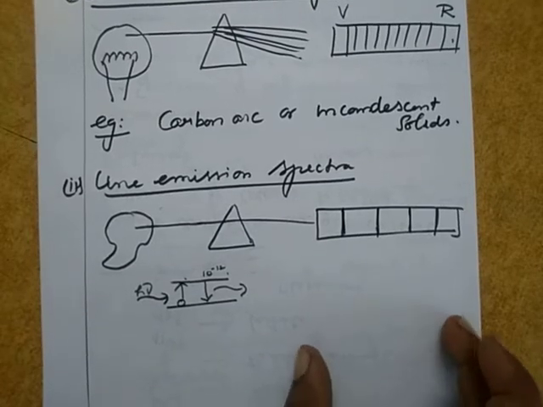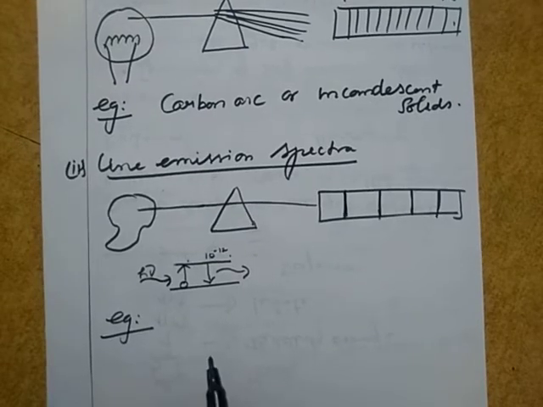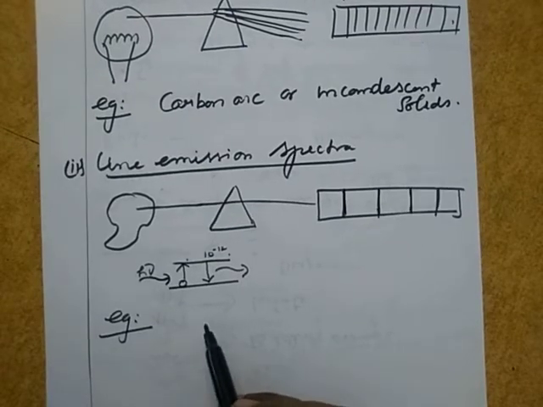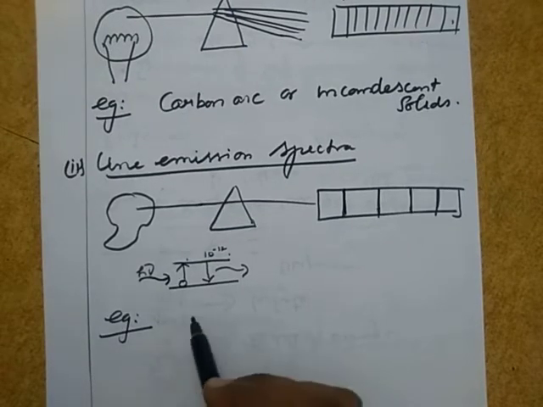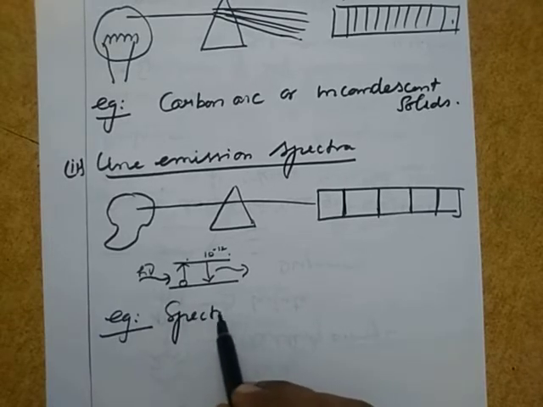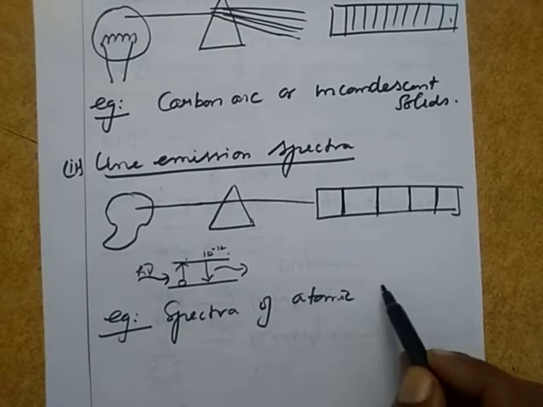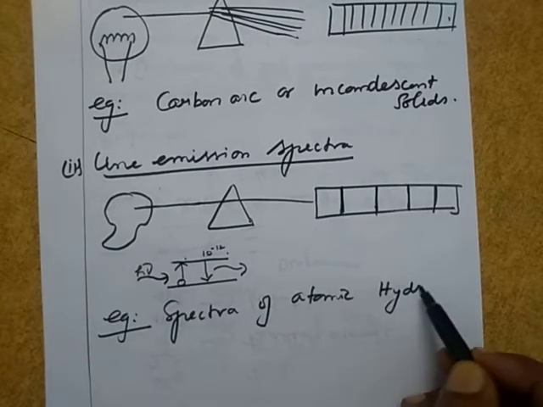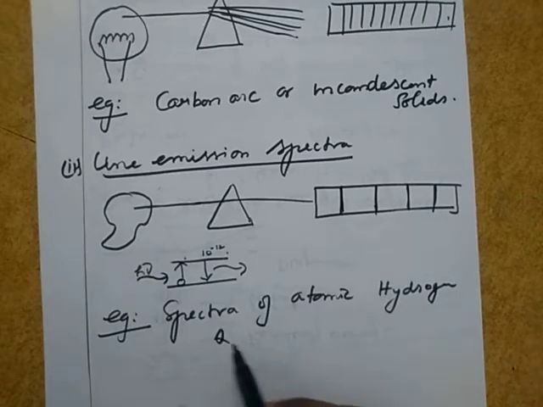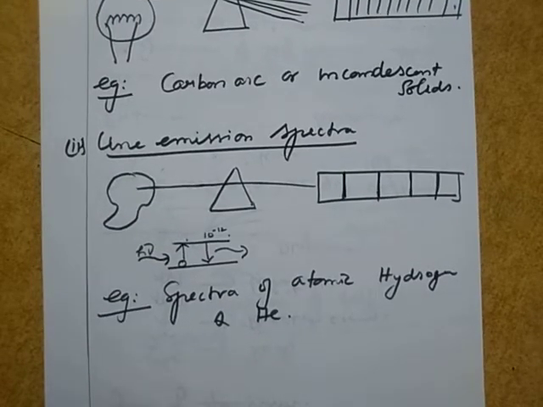Examples for this line emission spectra are the spectra of atomic hydrogen and helium. Then the last one is band emission spectra.